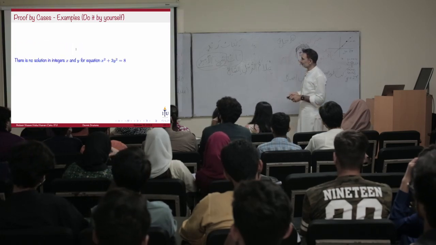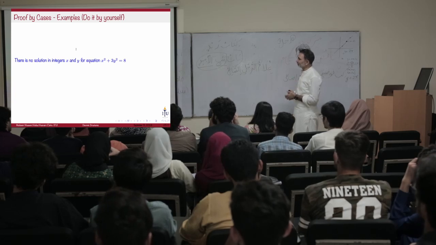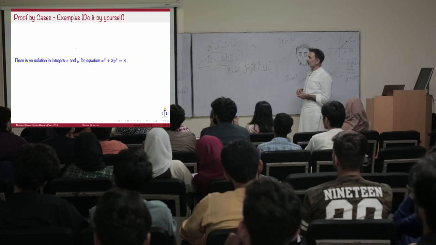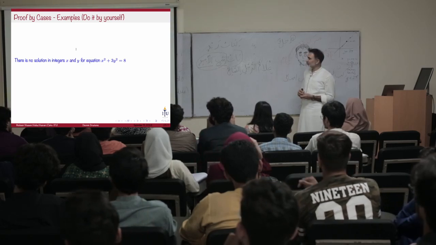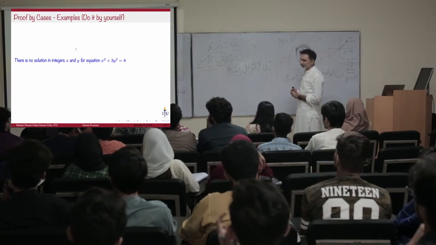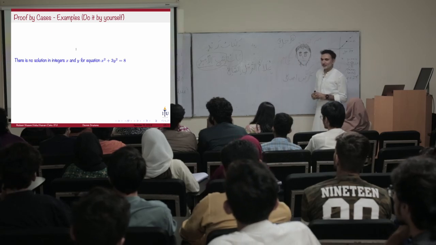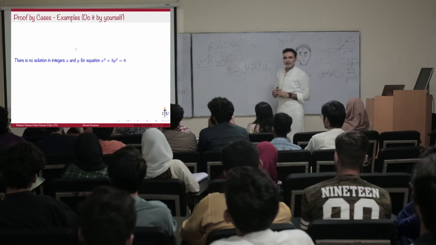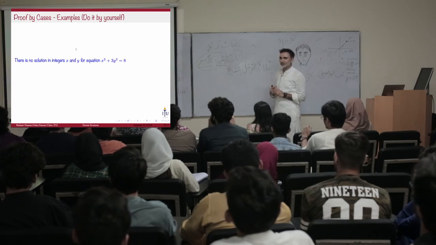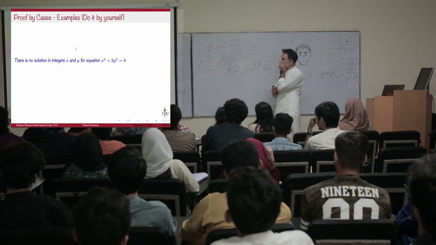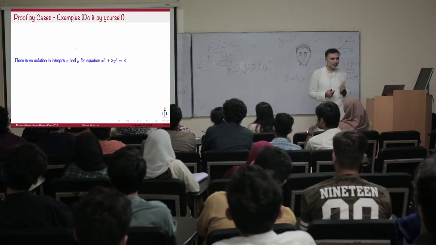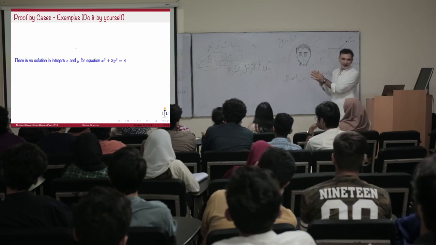Okay? On the same page? How about this statement? There is no solution in integers x and y for the equation x squared plus 3y squared is equal to 8. So this is again a different flavor of case by case proof.